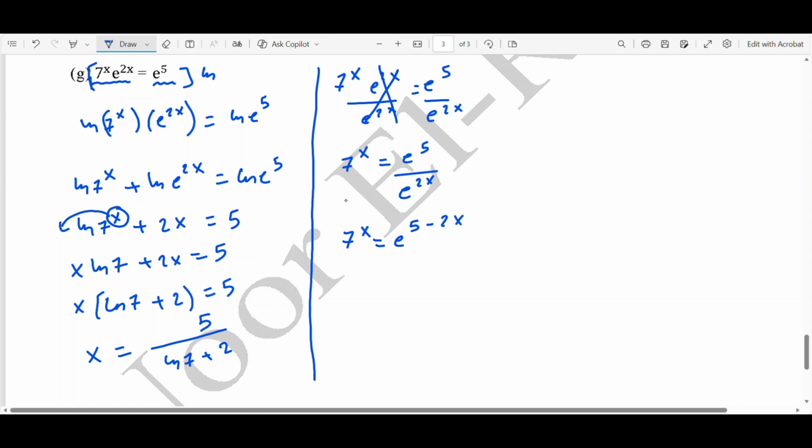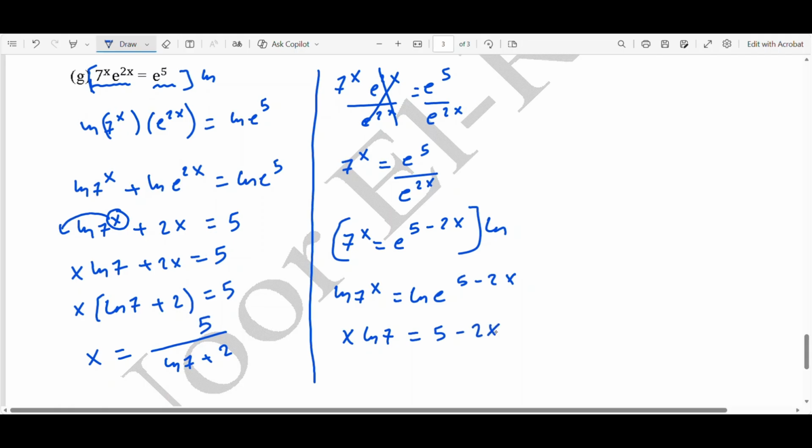Then I'm going to multiply by ln. ln 7^x = ln e^(5 - 2x). x ln 7 = 5 - 2x.